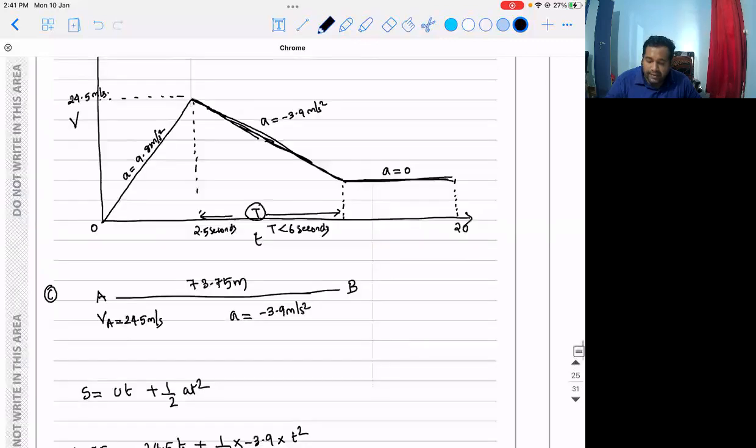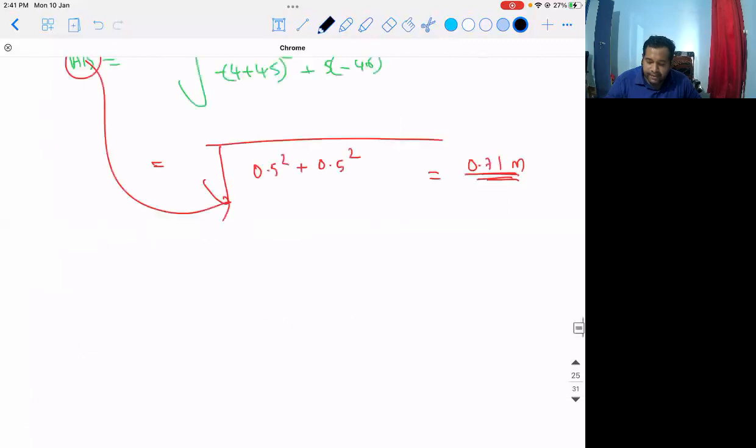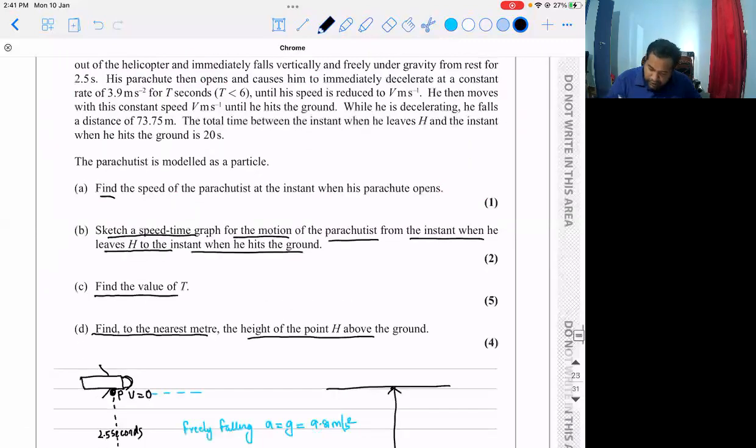Altogether, 167 meters, nearest to the meter. The value is 5 seconds, and this is 24.5 meters per second. So this we already did.